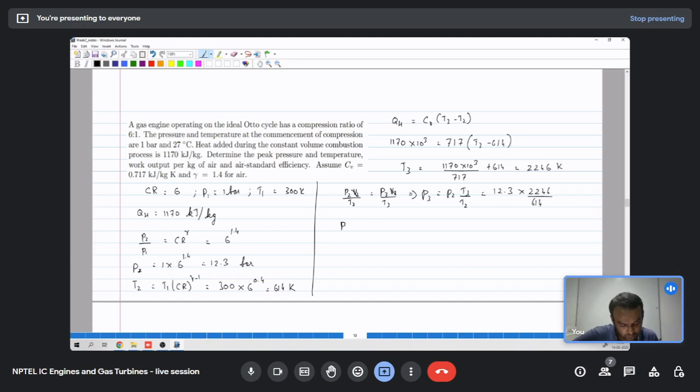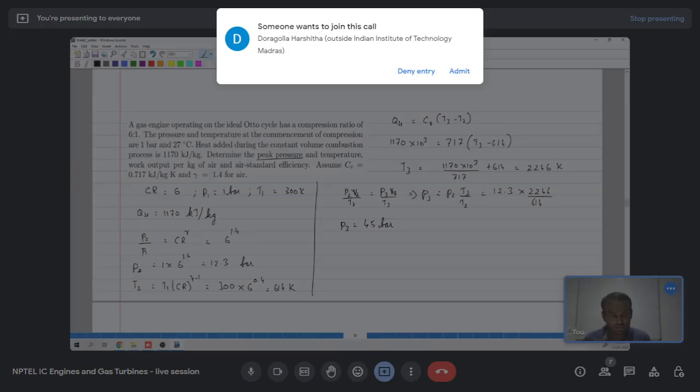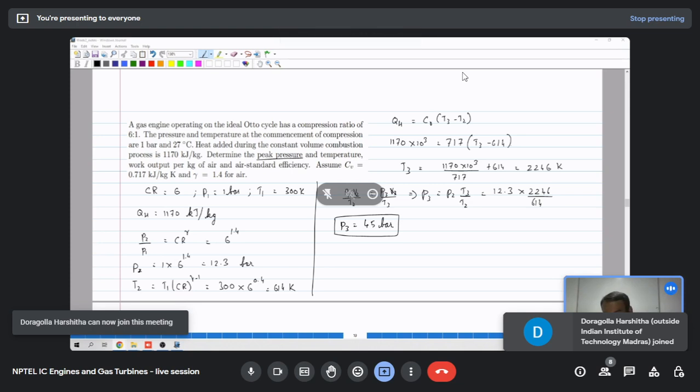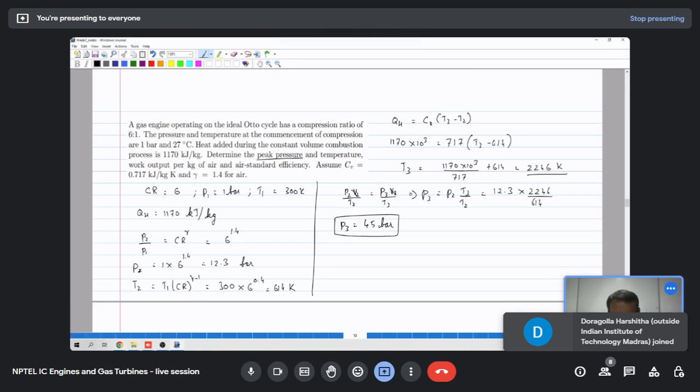So we will have P3 as, I get 45 bar. So peak pressure is calculated as 45 bar, and peak temperature is also calculated, which is 2246 Kelvin.